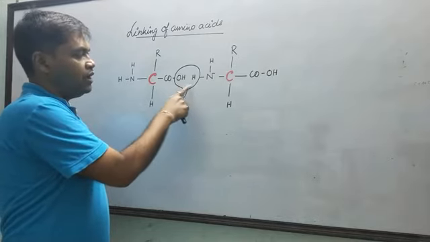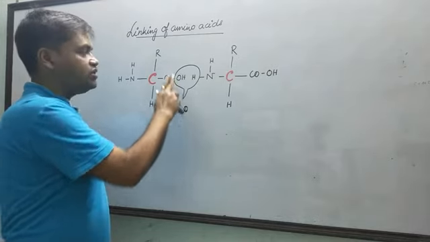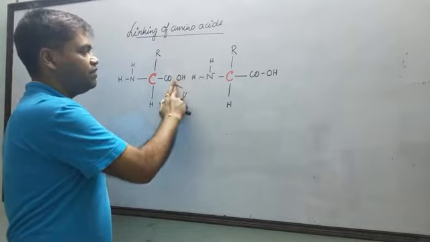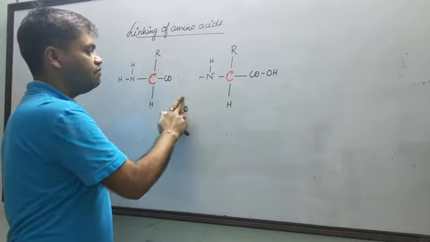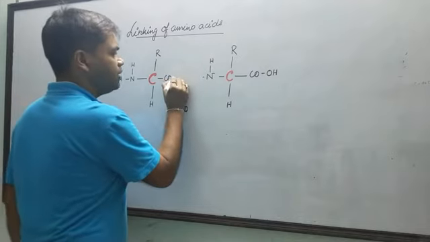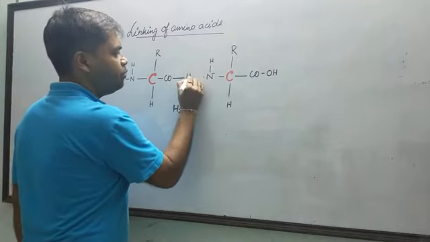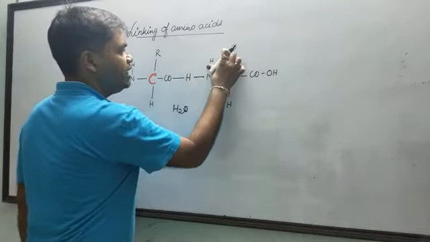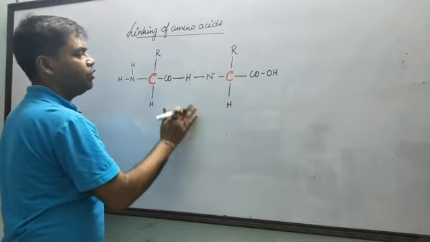You can see here one water molecule has been released, and because of the release of this water molecule, there will be the formation of a bond. This bond is called the peptide bond.